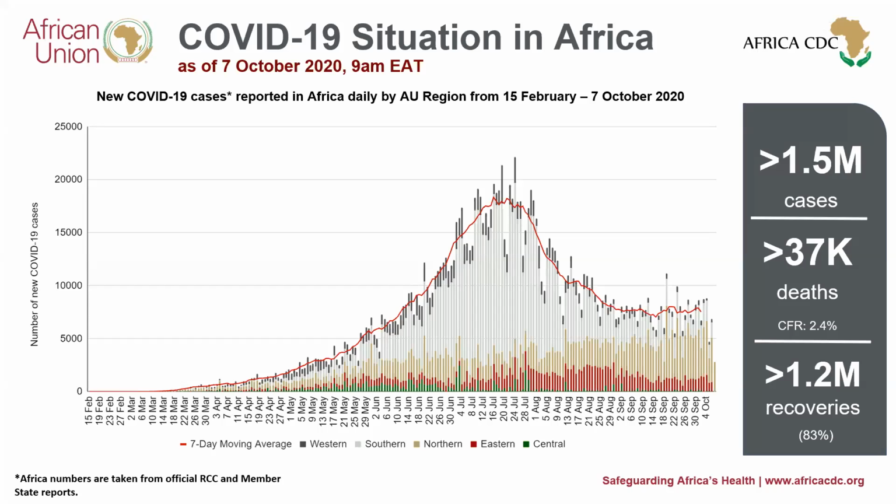Over the past 4 weeks, the number of new COVID-19 cases being reported per week has decreased. And overall, more than 1.5 million cases have been reported across Africa, with more than 37,000 deaths, resulting in a case fatality rate of 2.4%. The good news is about 83% have recovered.